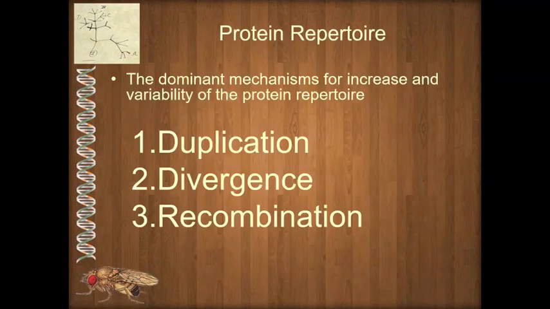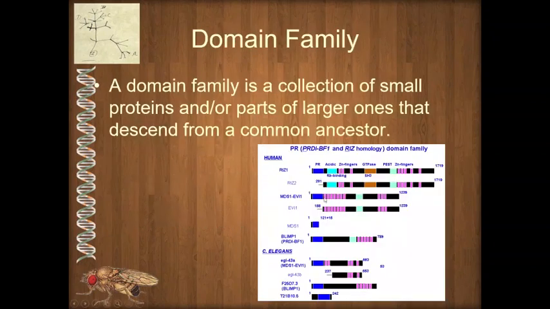Now, the protein repertoire, which is the number of genes and how different in function those genes are that we find in an organism, so all of the proteins available, is impacted by three major mechanisms going on at the protein level. One is duplication, and this can be either duplication of a domain. So notice back here I have this pink domain that's duplicated over and over again.